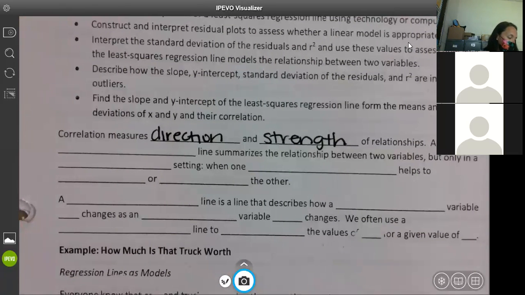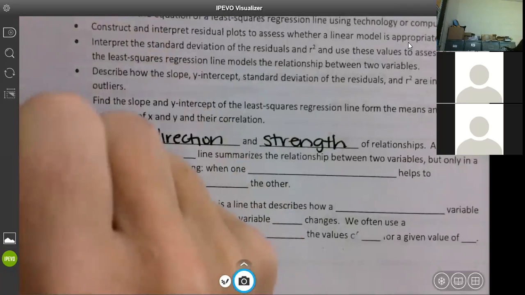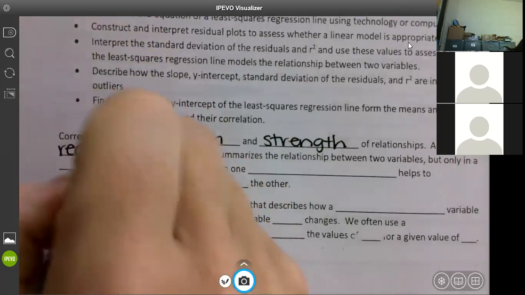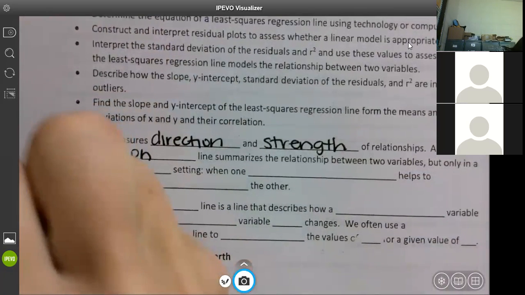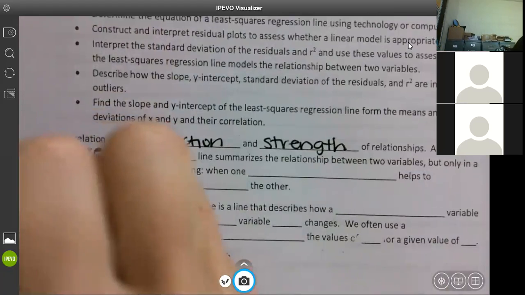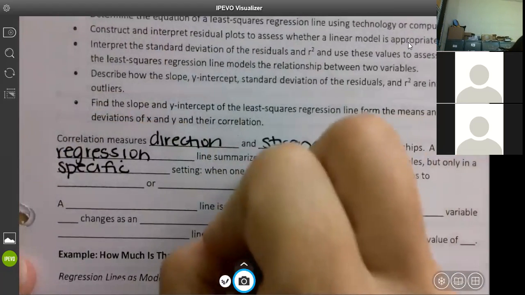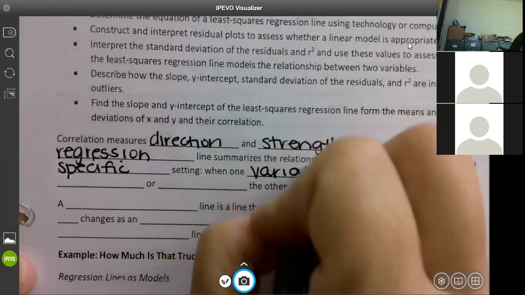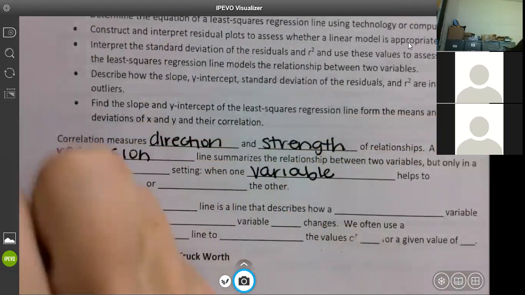All right. A regression line summarizes the relationship between two variables, but only in a specific setting, and that's when one variable helps to explain or predict the other.